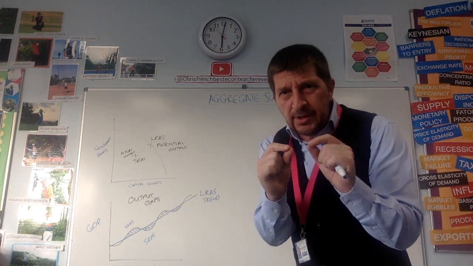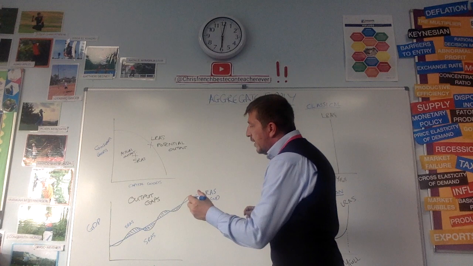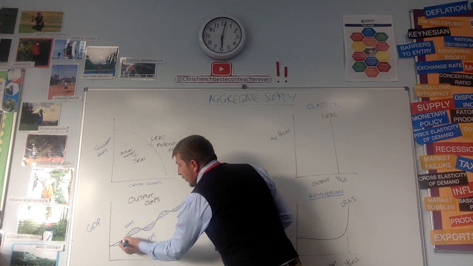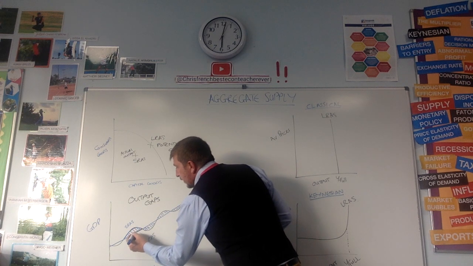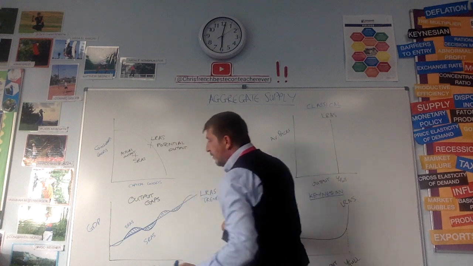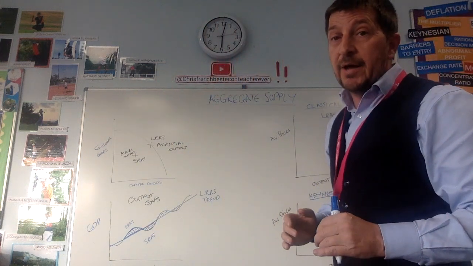But at some points during those periods of time, we have what we call an output gap, where maybe we are overproducing or underproducing in our economy. We have positive output gaps and negative output gaps.